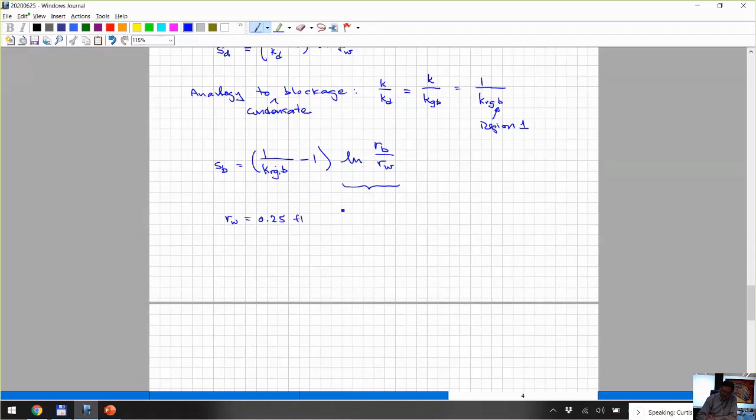I think if you have a diameter of the hole being 8 inches, then the radius of the hole is 4 inches, and 4 over 12 is 1/3. So it's a little more than that, 0.3 or something like that.